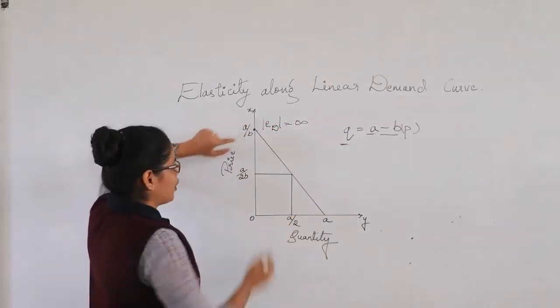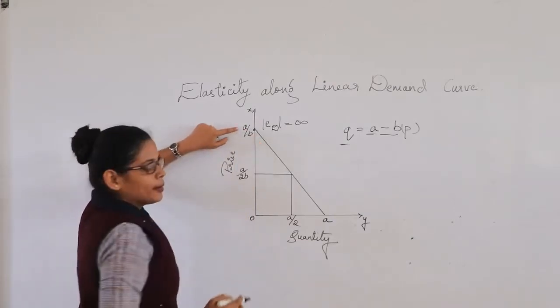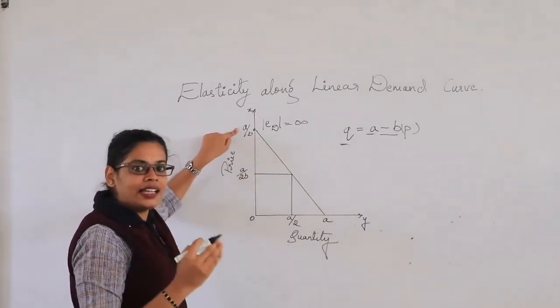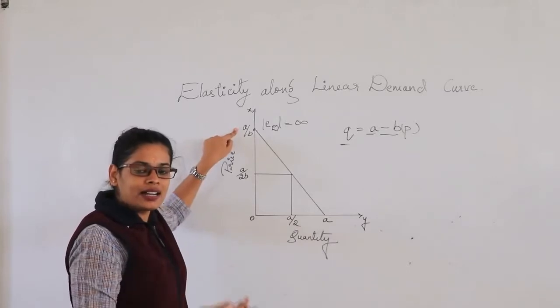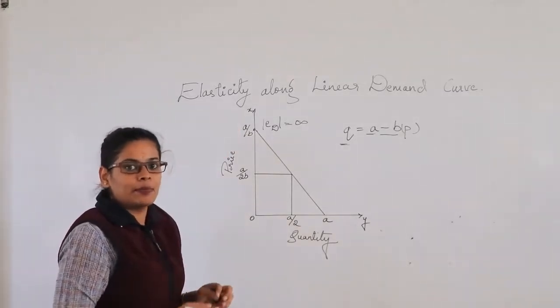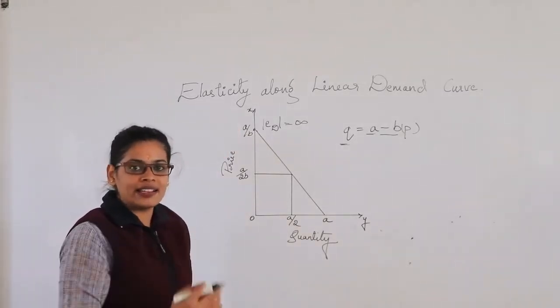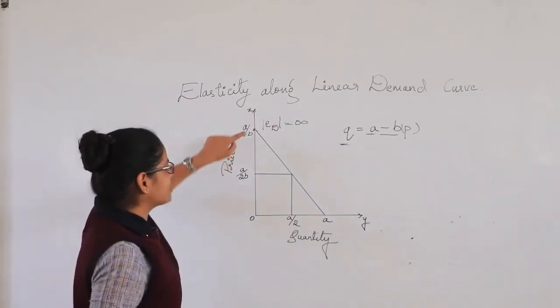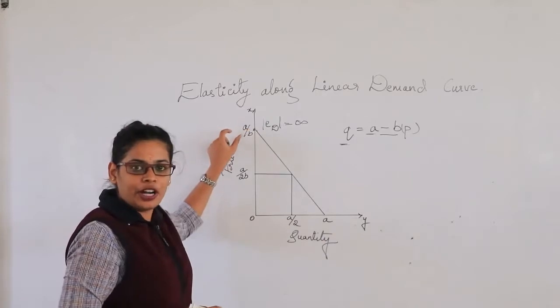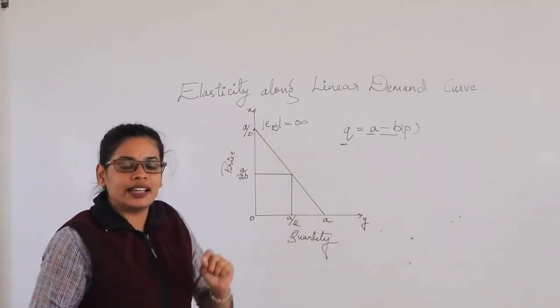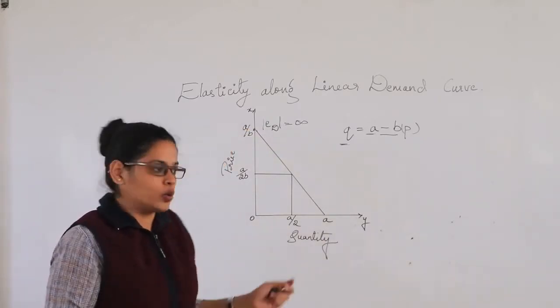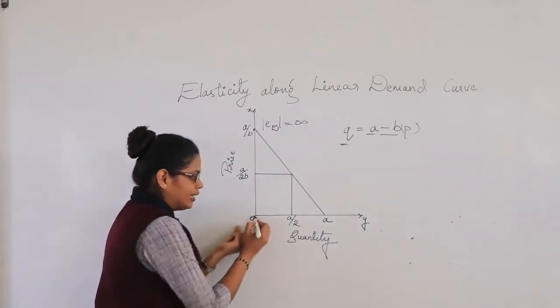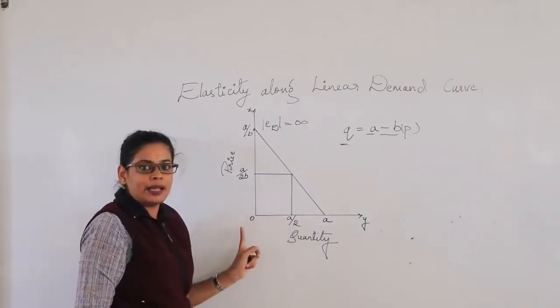At this point the price is high, so the consumer demand will be less than before. When the price increases, the quantity demanded by the consumer decreases. This is the highest point, where the consumer cannot buy the goods, so the quantity demanded will be 0.